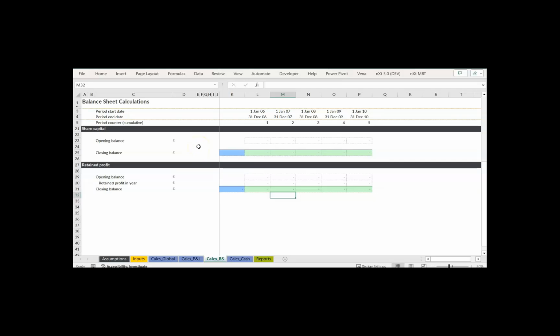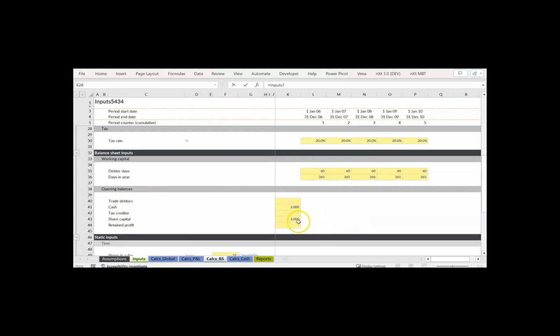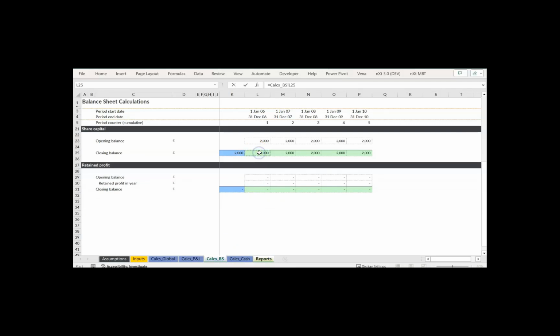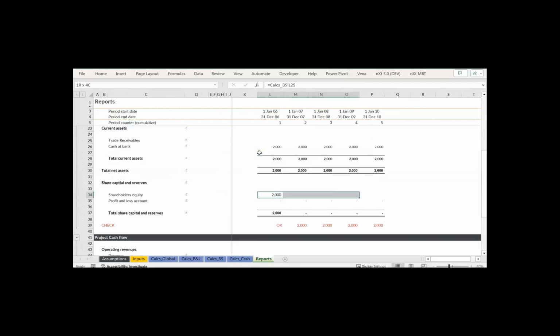We just need to link up our opening balance value and then link the closing balance to the balance sheet. You can see now that the balance sheet balances and our checks are now okay.